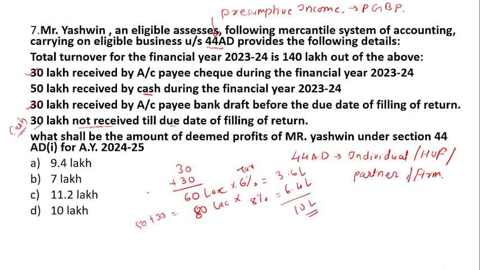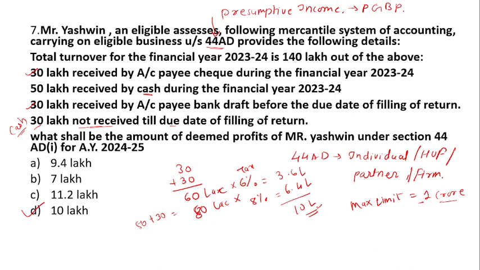The maximum limit under 44AD is 1 crore, and the 10 lakh comes under the maximum limit. So 10 lakh is our right answer. So the amount to be deemed profit of Mr. Yashwin under section 44AD is 10 lakh.